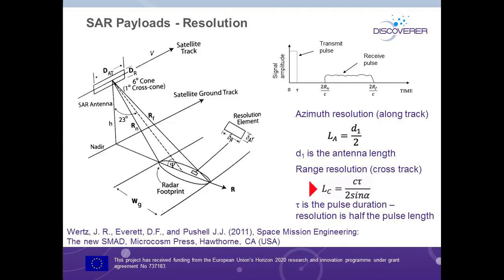In terms of range resolution, it's all to do with the pulse duration. The shorter the pulse duration, the shorter the return, effectively, which is to do with how long it takes to interact with the surface and come back to the satellite. Again, that has nothing to do with the altitude of the satellite. So you have to separate these different terms. At first glance, flying lower in terms of resolution has no benefits whatsoever.